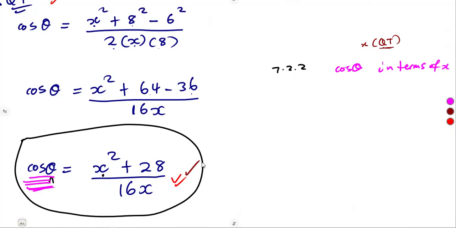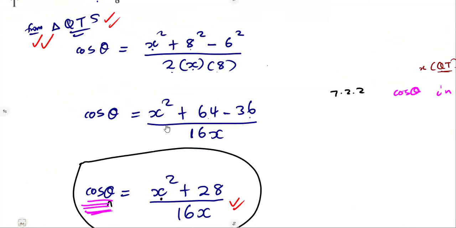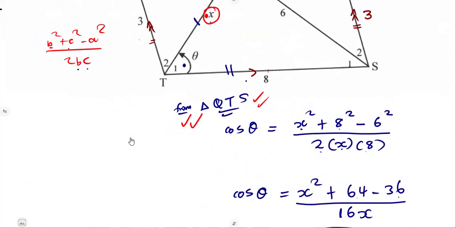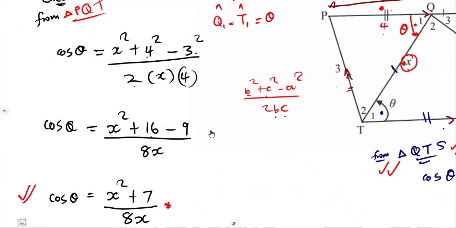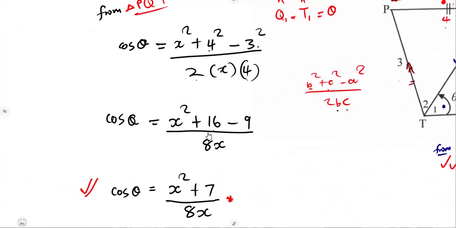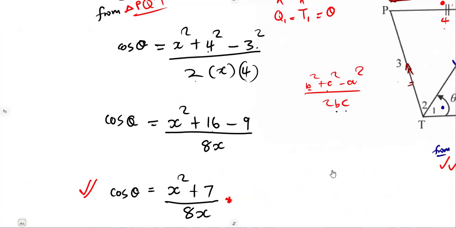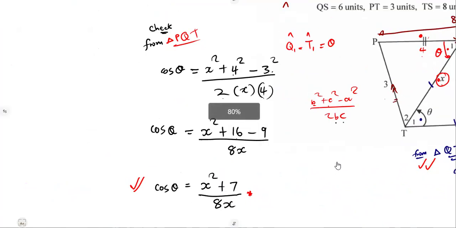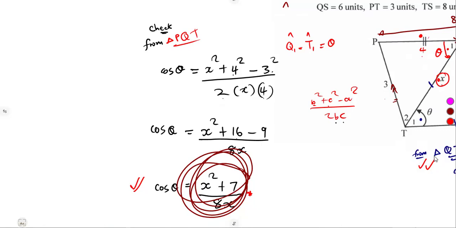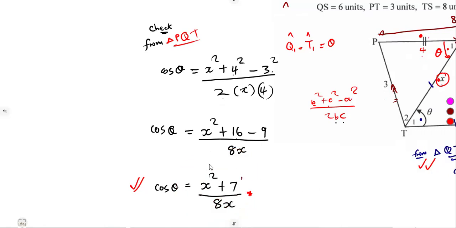There is this one in terms of X. And remember, when we were doing our trial and error, there is a cos of theta that I said is exactly the same cos of theta. The only difference is the expression, a different presentation. But what does it represent, guys? It represents the same cos of theta.